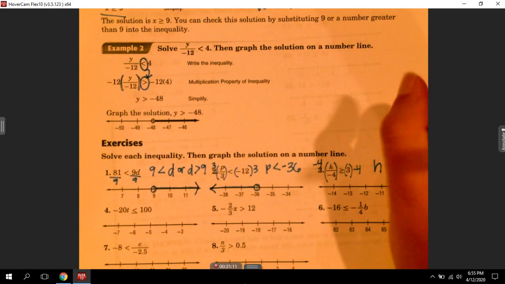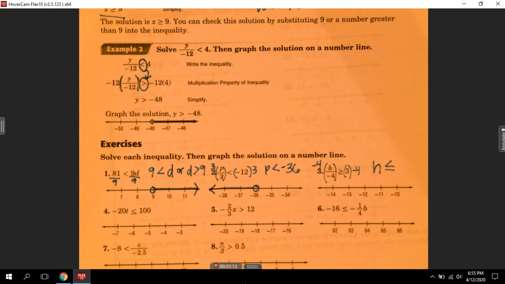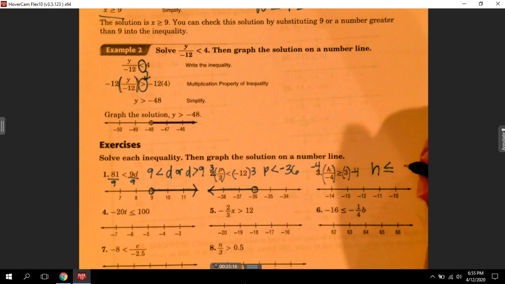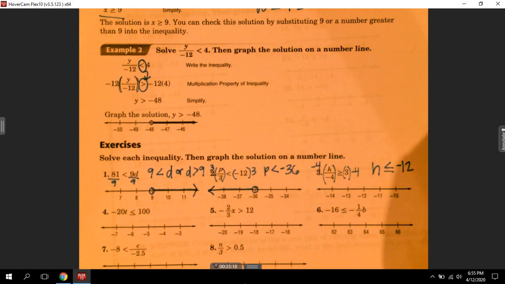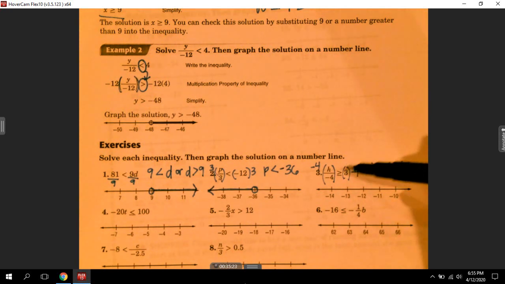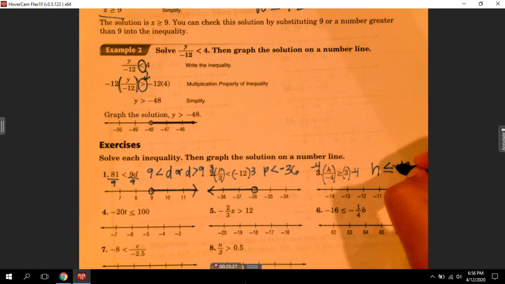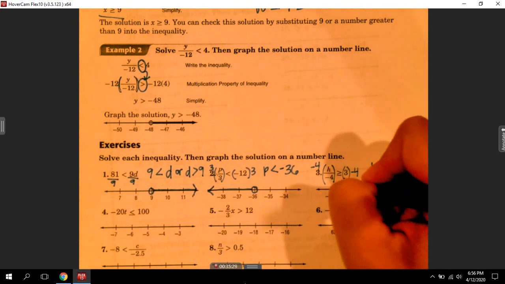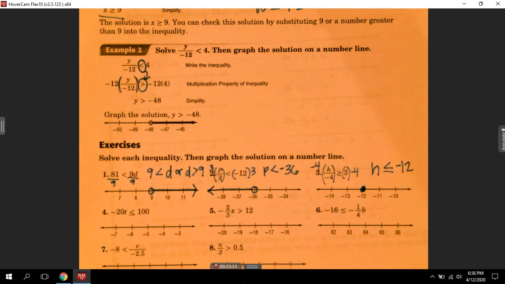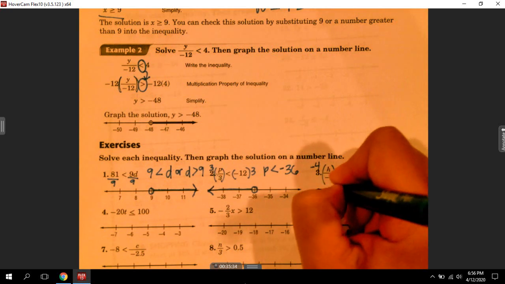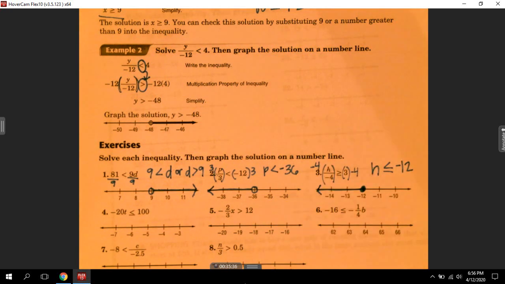That is now going to become less than or equal to. And then 3 times negative 4 is negative 12, okay? So you have to remember to flip or reverse that sign because we were multiplying by a negative number. So in this case, it's less than or equal to, so it's going to be a closed circle on negative 12, and it's everything less than that or equal to, so in the left direction.